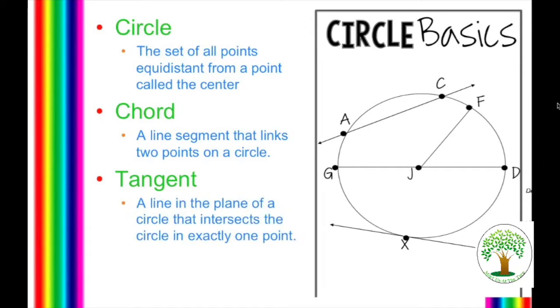Let me give you the definition. A tangent is a line in the plane of the circle that intersects the circle in exactly one point. XM is the line that is tangent to the circle. Point X, you might want to put this down somewhere in there, is called the point of tangency.